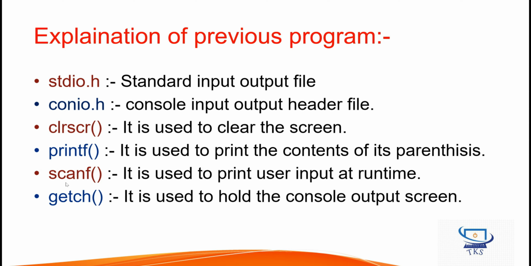And below this, I have written a scanf function which is used to take user input at runtime. Whatever the user inputs at runtime, it will be handled by the program. Below this, I have written a getch function which is used to hold the console output screen. So here I have explained some of the header files and functions. In the upcoming videos, we are going to use different methods and functions, and I will explain them accordingly.